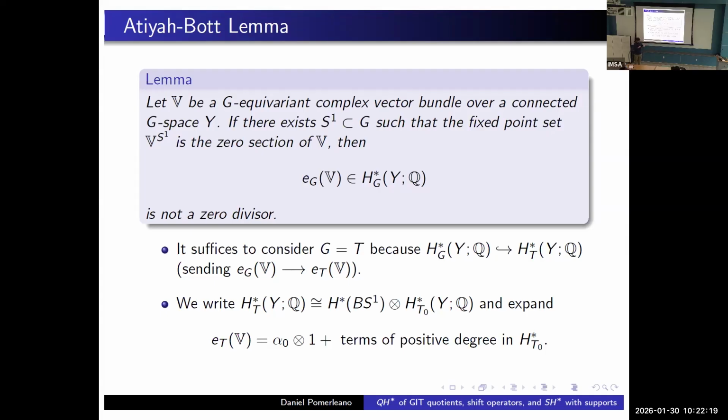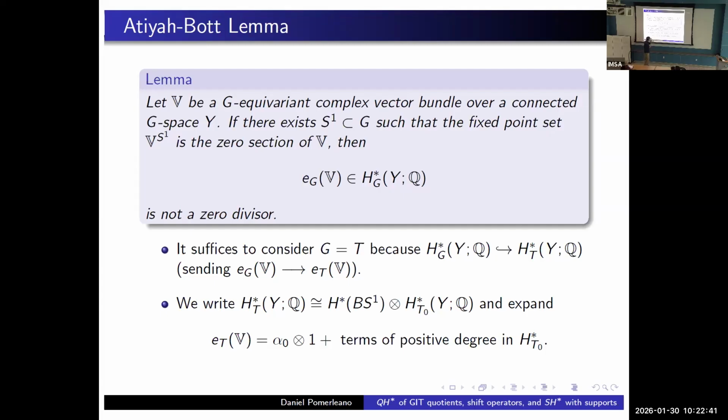So it fixes the zero section, but its representation on the fibers is all non-trivial. Then the claim is that the Euler class with Q coefficients is not a zero divisor.